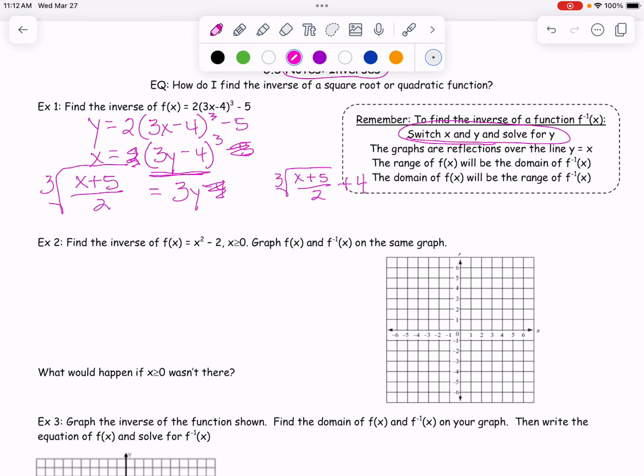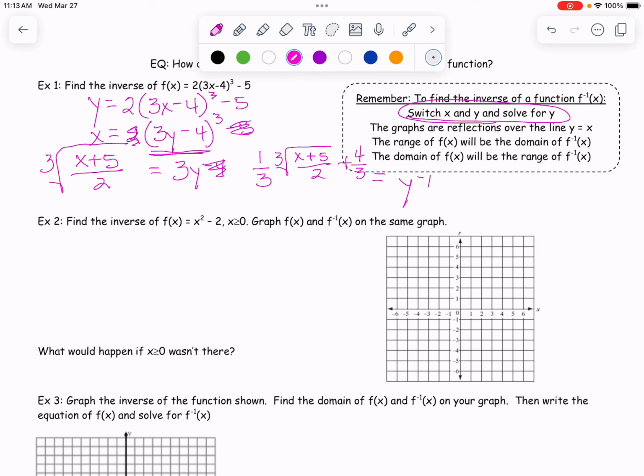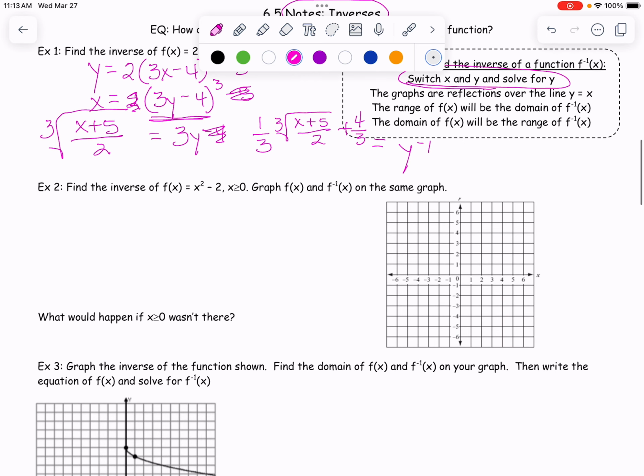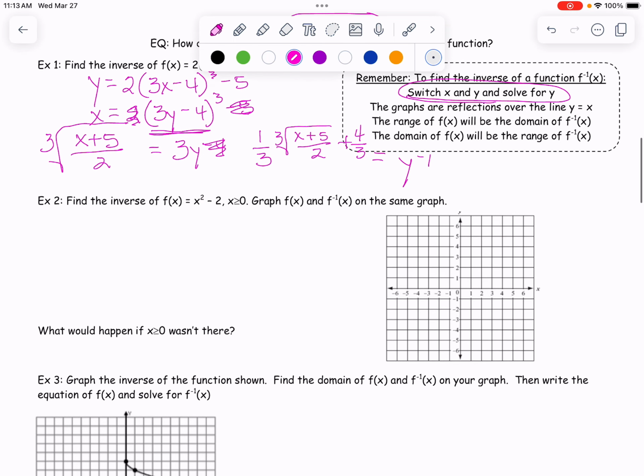So I'm going to multiply by a third, 1/3. And I'm also going to multiply 4 times 1/3, which would give me 4/3. And that is going to be my inverse. So the inverse of a cube function would be the cube root function. That is my inverse.